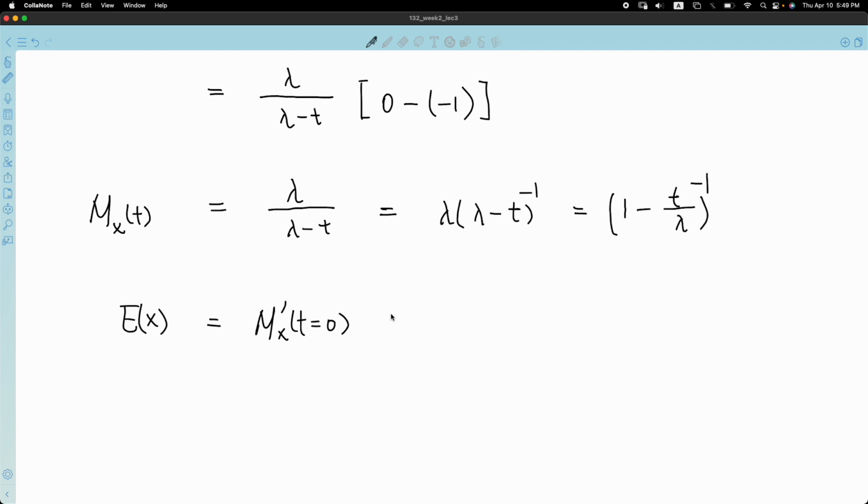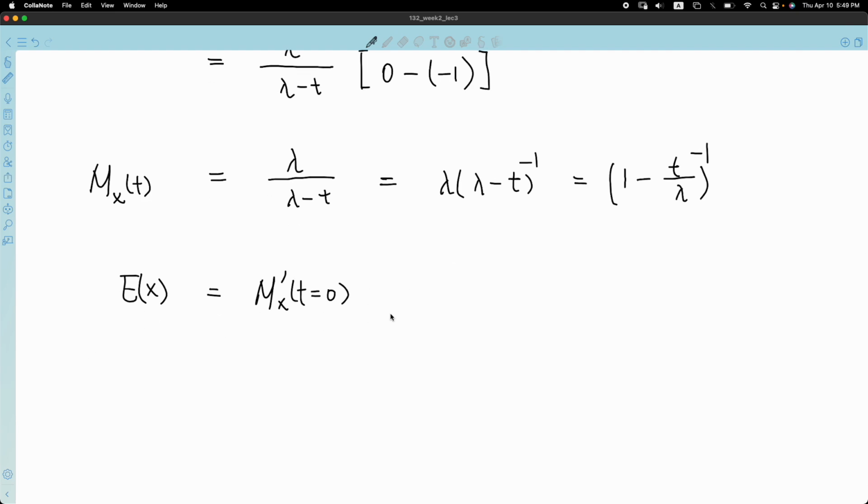So now what we're going to do is that we know that this is the moment generating function for the exponential distribution. And now let's take the derivative with respect to t, and then let's see what that ends up with. Okay. So in taking the derivative, which expression do you guys want to use? Which of the three here do you guys think would be easier for taking derivatives?